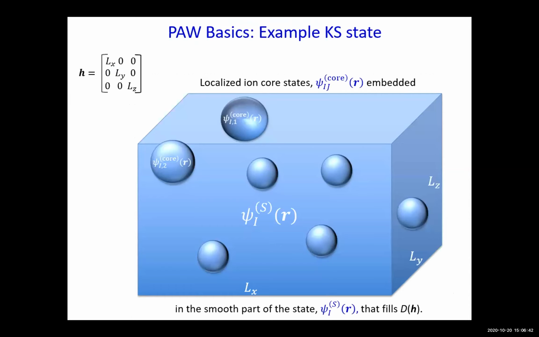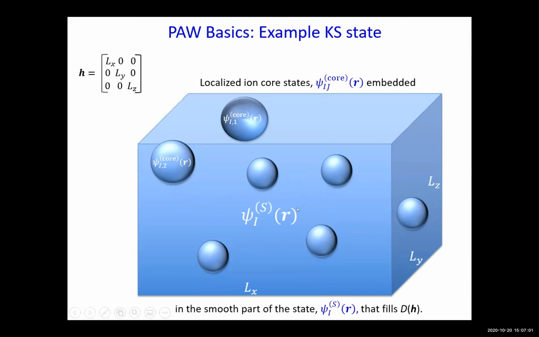So what you end up with is jello and fruit. You have state I, that's in atom 1, state J, that's for atom 2, and so on. And then you have the smooth part that lives throughout the box.